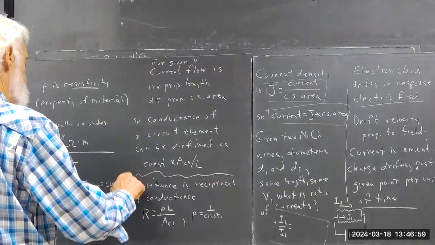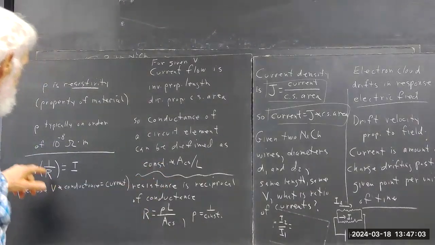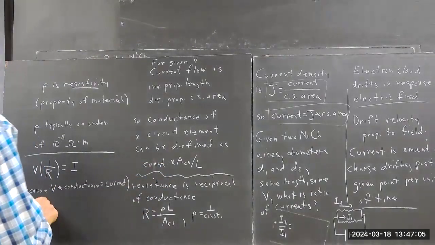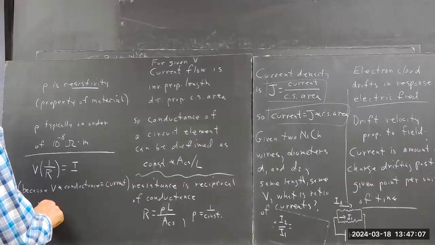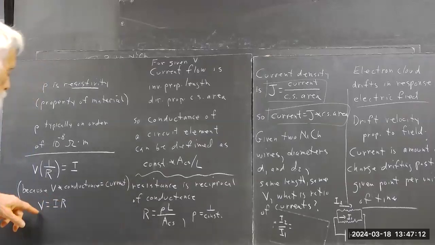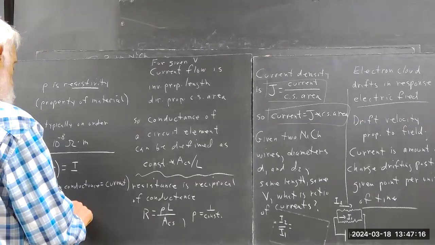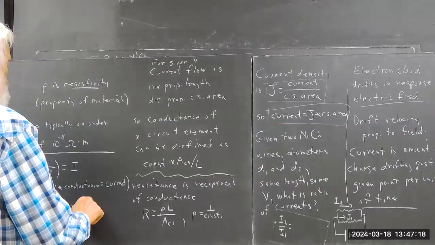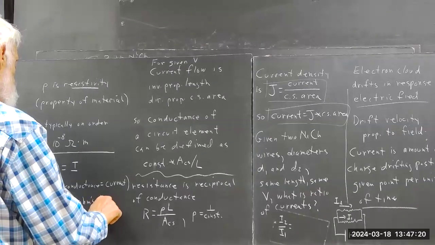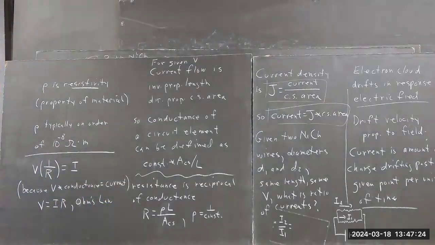This goes back to this. There's your connection. So we now have V equals IR. Ohm's law, we usually capitalize Ohm's name. Okay.